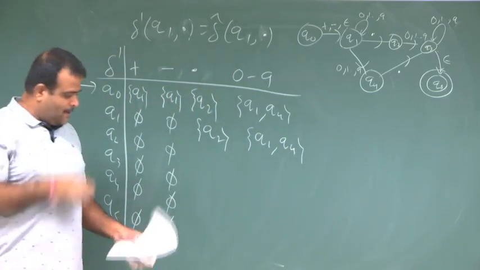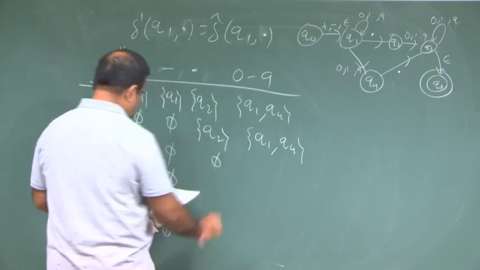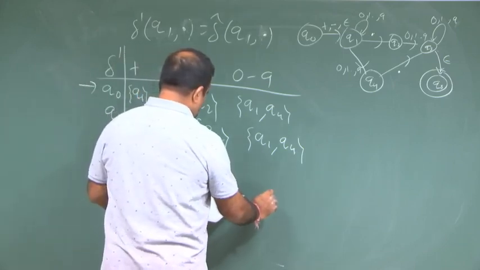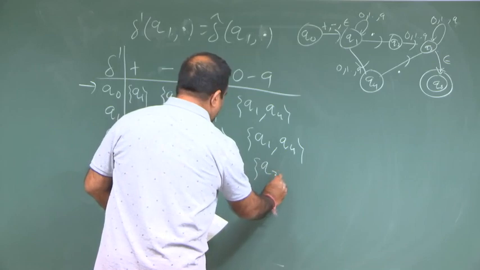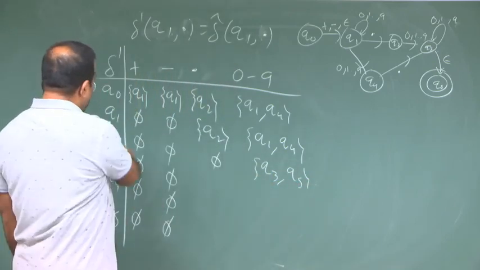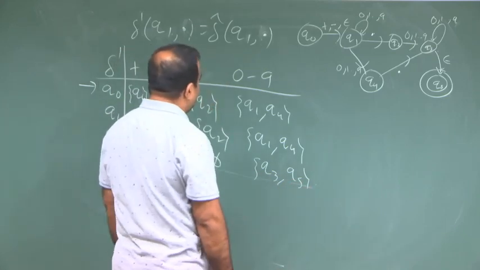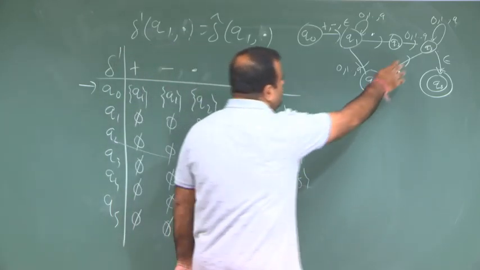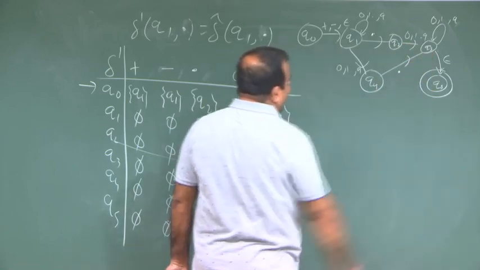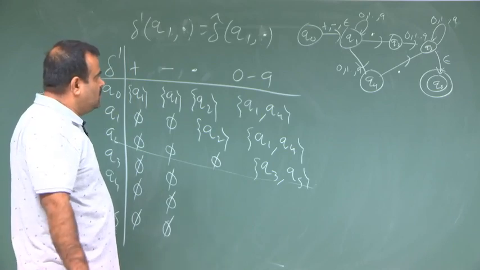Okay. So, this way if we complete it, this will be empty, this will be again q3 and q5. We can easily verify this, because from q2 with the digit we can go to q3, and from q3 we can go to q5 with the epsilon move. So, q3 and q5.